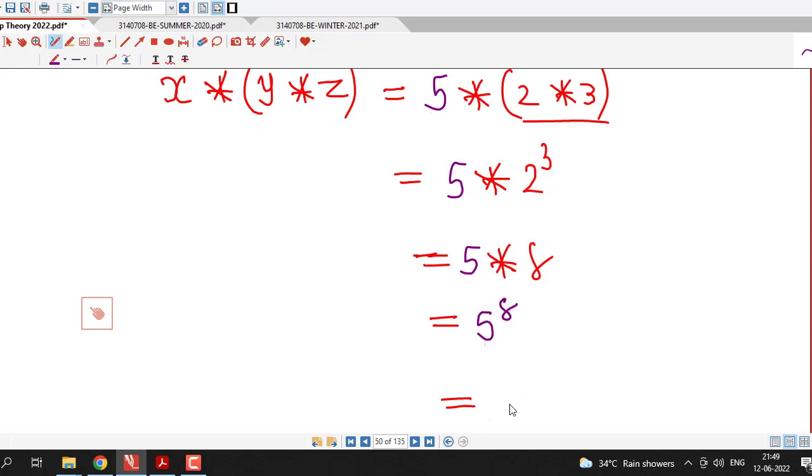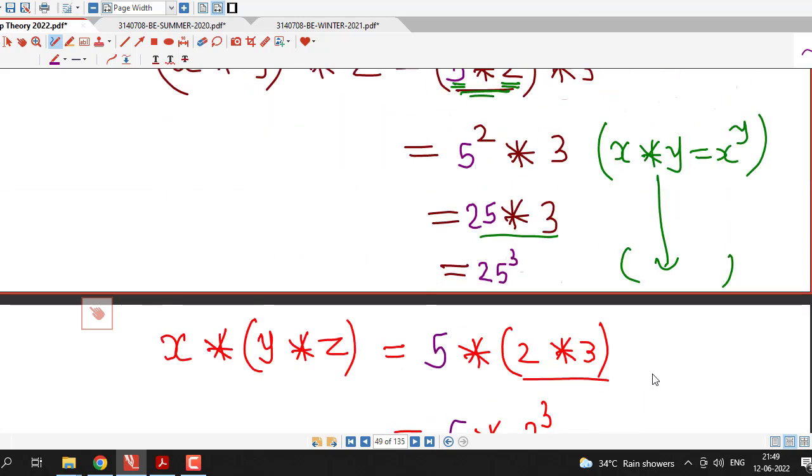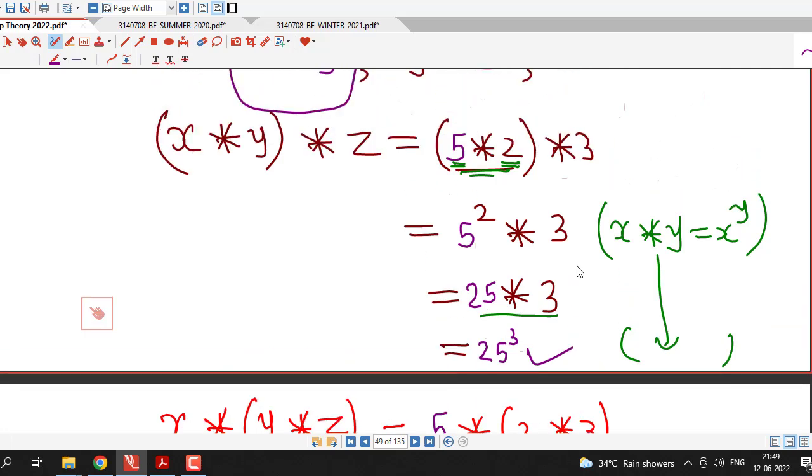So now we can use a scientific calculator, or we can rewrite this as 5 square to the power 4. So 5 square means 25 to the power 4, and here we obtained 25 to the power 3. So we can see both are different.